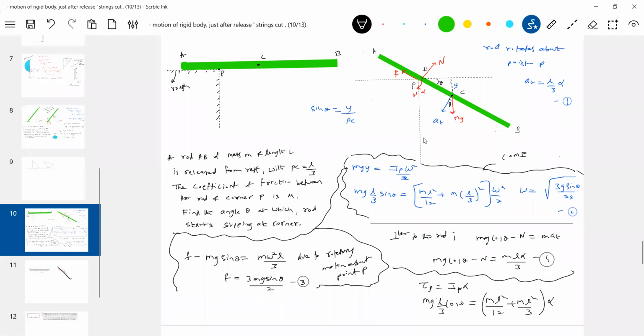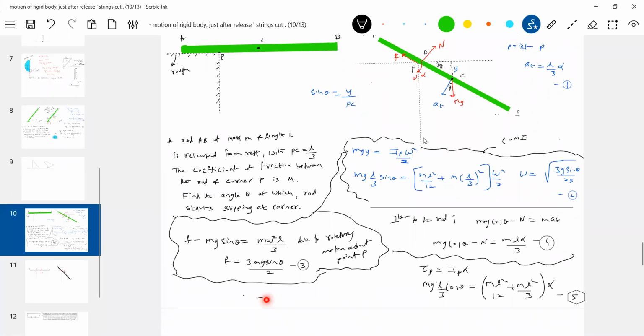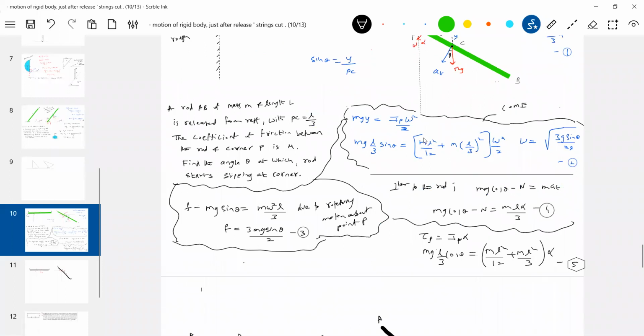That alpha I'll substitute in equation 5, and then we'll get the expression for N. Put 5 in 4. N will become equal to 3mg cos theta by 4.